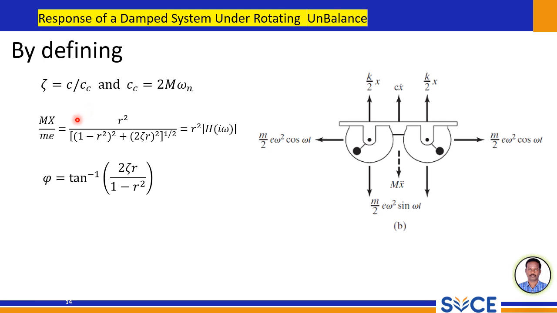Here, r is the frequency ratio, the operating frequency divided by the natural frequency. The denominator involves the frequency ratio and the damping ratio. It is the magnitude of the frequency response function. This graph shows the magnification factor in terms of frequency ratio.